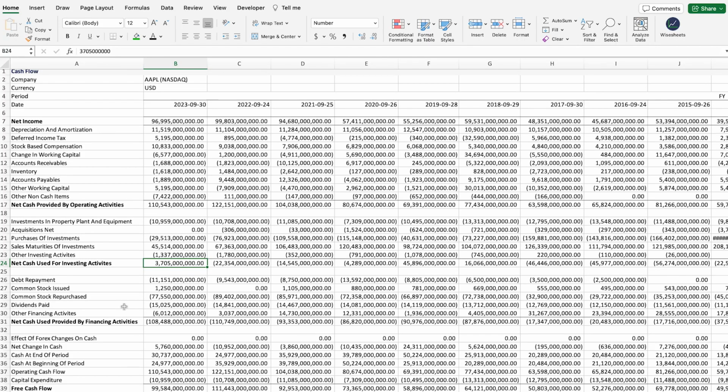Now, moving on to the pattern for the investing activities, generally what you want to see is a negative number right here. What that means is that the company is actually taking money and investing it, assuming they're able to invest it in things that actually make sense for the company to grow. That is generally a good idea, especially if they're making good returns on the money that the company is investing into the different initiatives.